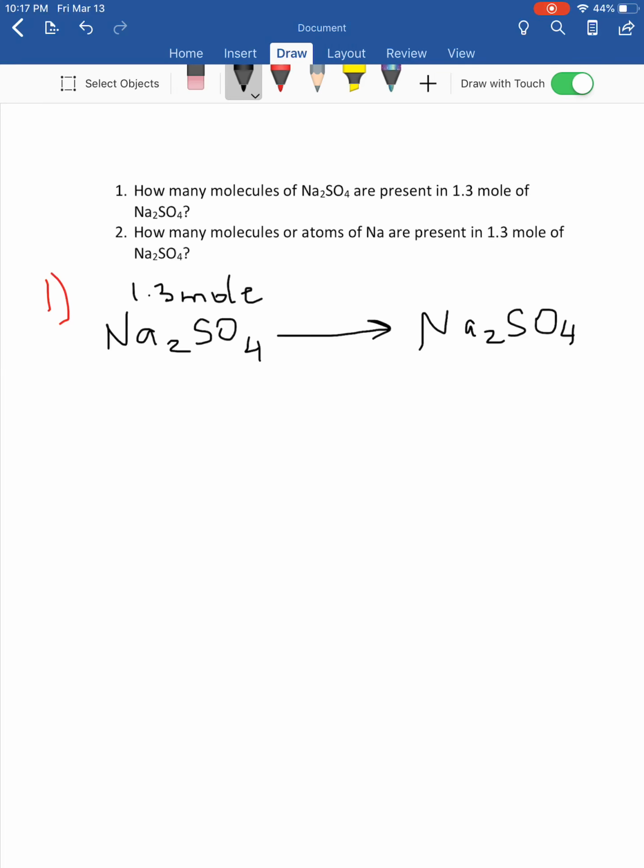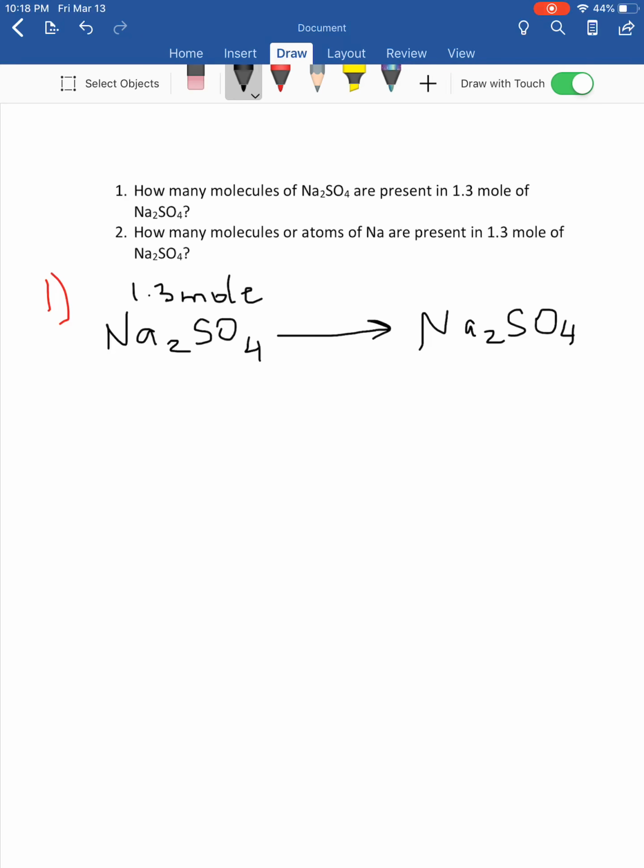See here, if it's asking how many molecules, how many atoms, the number of atoms, the number of, so whenever you see the number or how many, know that it's related to Avogadro's number.